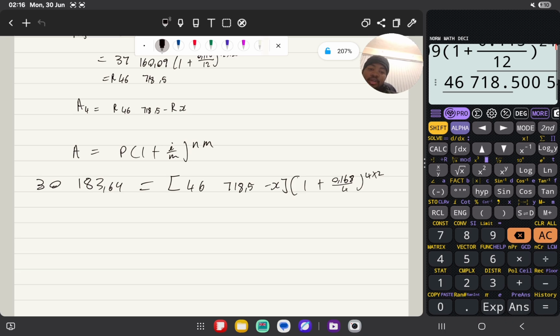So now look at this. We're going to divide by this both sides: 1 plus 0.16848.